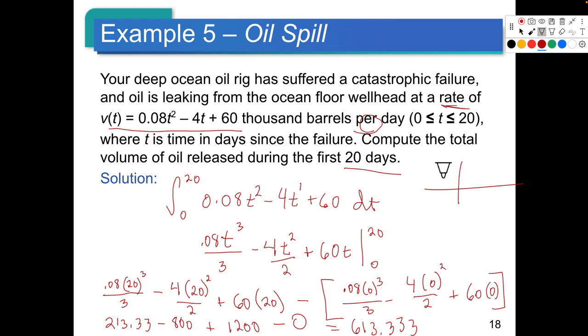I don't know what it'll look like. I think it looks something like that. And so we're going from 0 to 20. And again, this is the curve of the derivative, and what we're getting is the area under this curve. If we find the antiderivative, we plug in the upper limit and the lower limit and subtract them, it gives us the area under that curve.